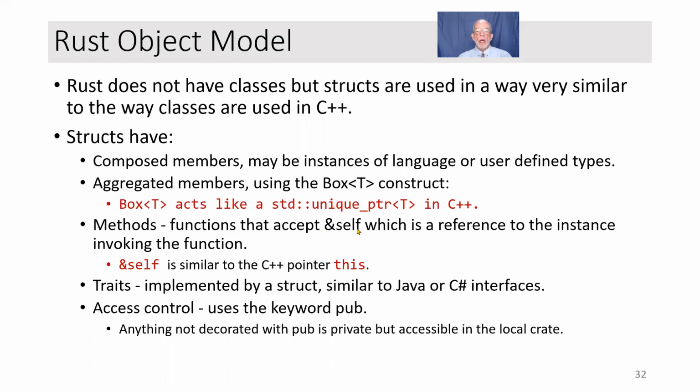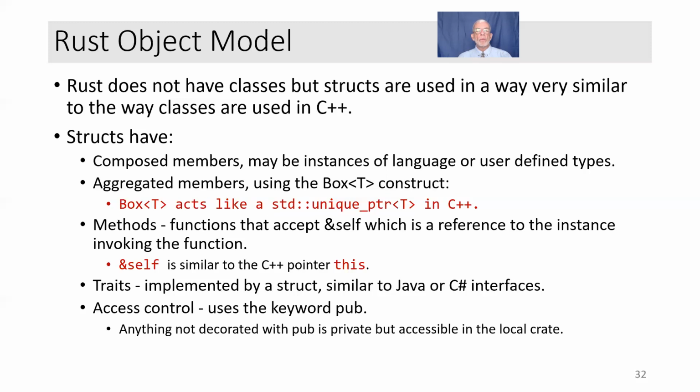Methods are characterized by the first argument in the method being a reference to self. Self is a keyword in Rust. It's very similar to the C++ this construct. It's a reference to whatever instance of a type invoked the method that's being called.